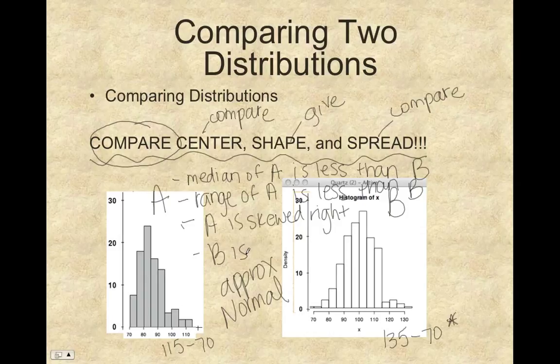Now I know what this problem is about, and I've talked about context over and over again. So again, if you're asked to compare distributions, that means you need to compare their centers in a comparison way. I gave no numbers. I just said which was bigger. You need to compare their spreads, and then you need to give both shapes in context.